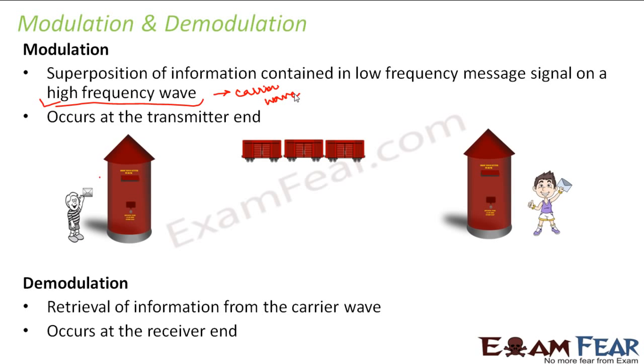So the train acts as the carrier wave. The train will carry the letter. So this carrying of the letter, that is modulation, will happen at the transmitter end. And once it reaches the receiver end, the receiver will take down the letter from the train. And that process is known as demodulation. Clear? So the process of modulation and demodulation is clear?